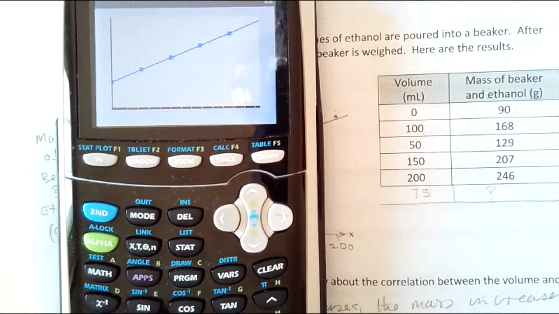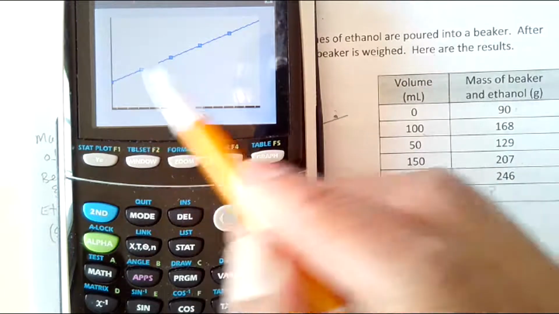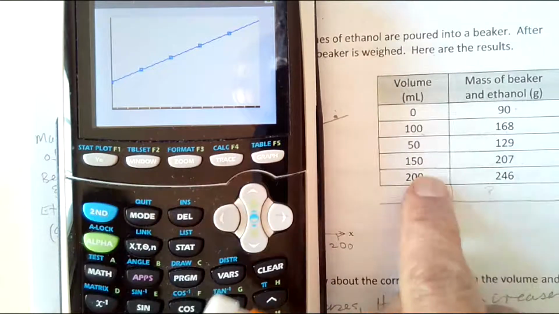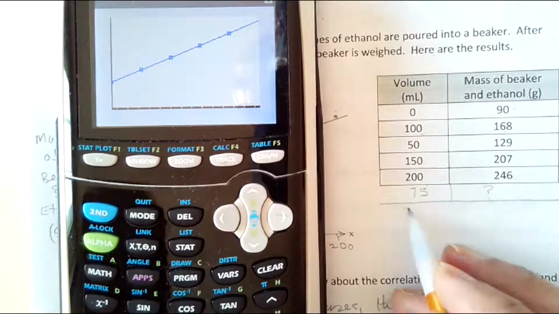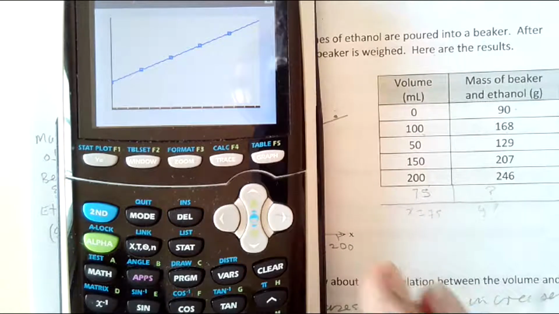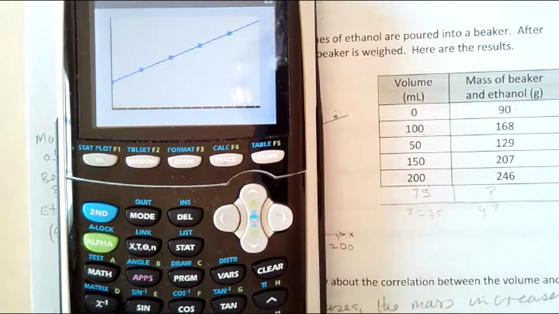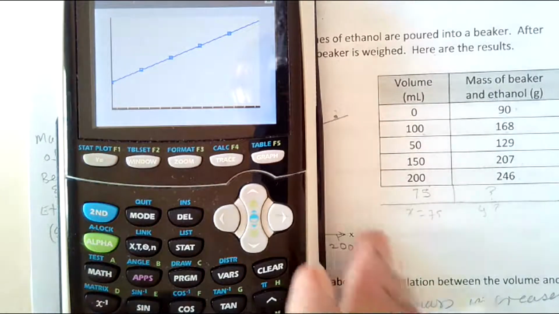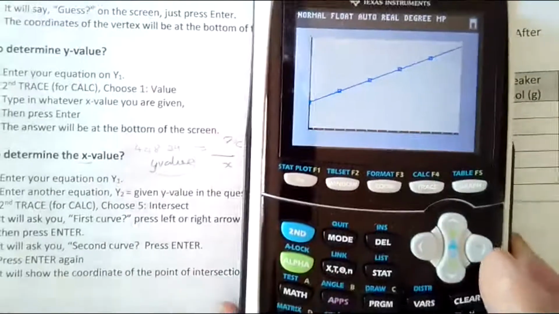Here is my regression equation. I know my X, so X is equal to 75. What is Y? In this case, you need to find Y, and you go to your instruction sheet here.